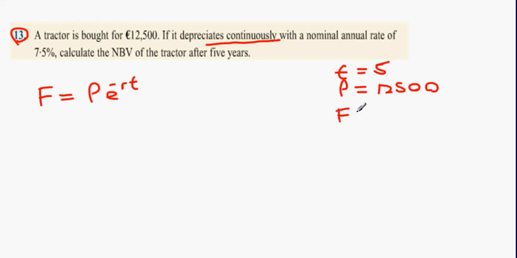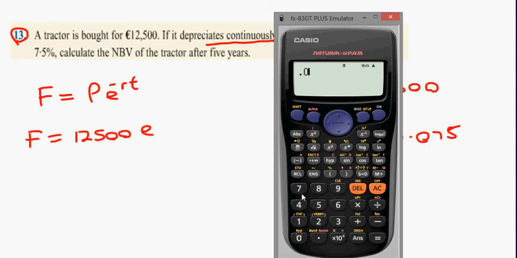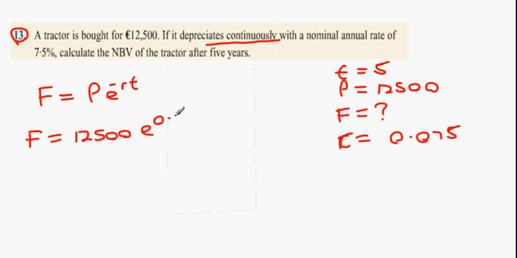Have to calculate F. And then my I value, or R value, is 0.075. So F ends up to be 12,500 multiplied by e to the power of minus 5 times R. So 5 times 0.075 is going to get me 3/8 or 0.375. So 0.375 here. Put it all into the calculator.